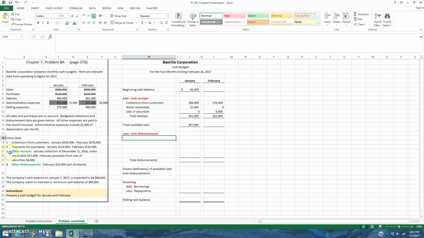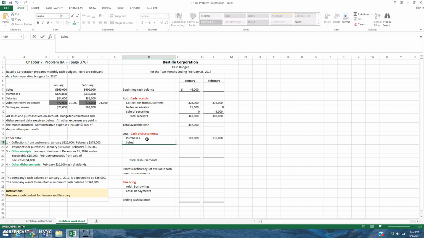Then we've got to figure out our disbursements. We discussed this already. We start with our purchases that are listed here, and the corrected ones are $110,000 for January and $135,000 for February.